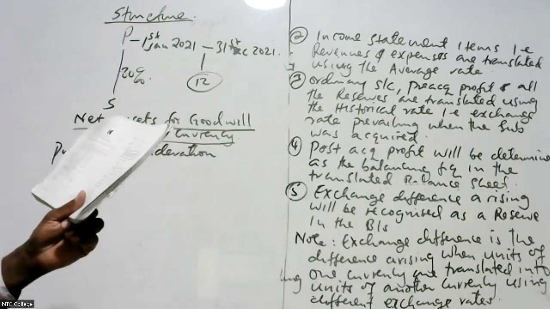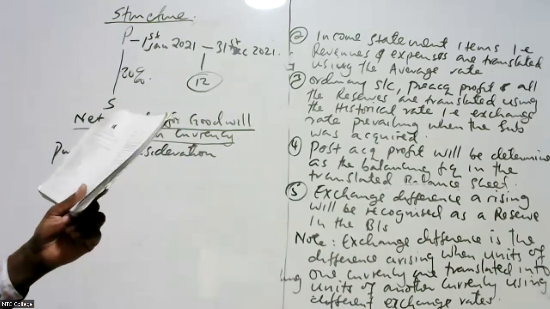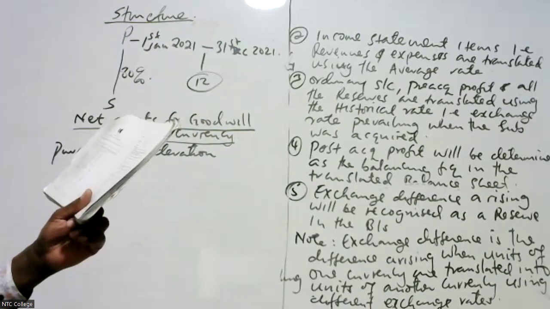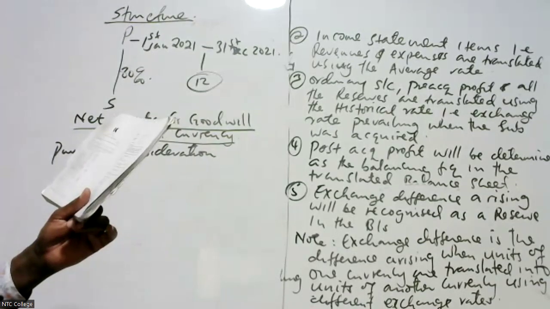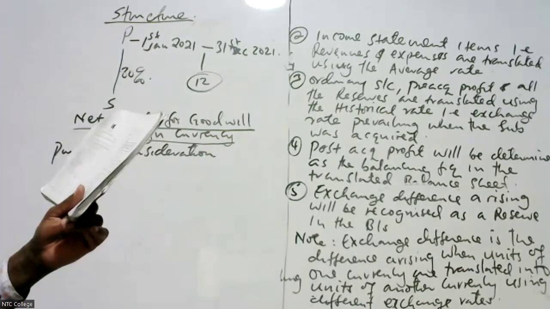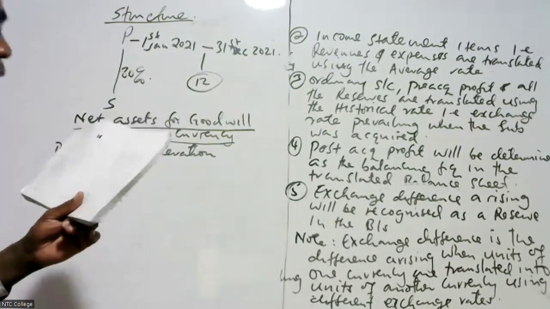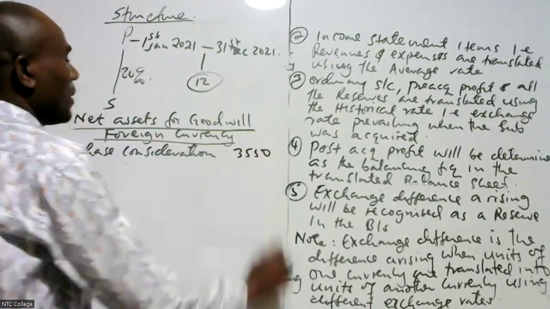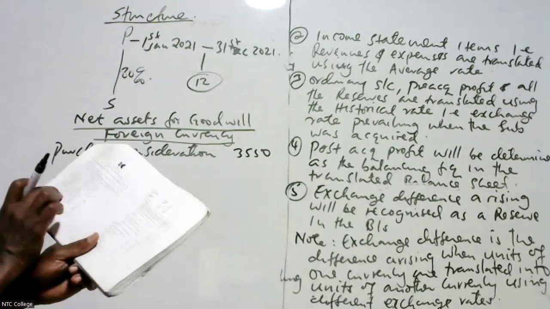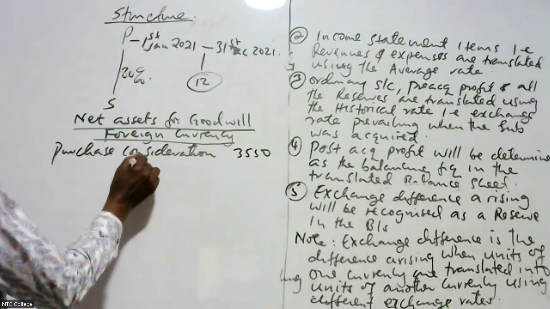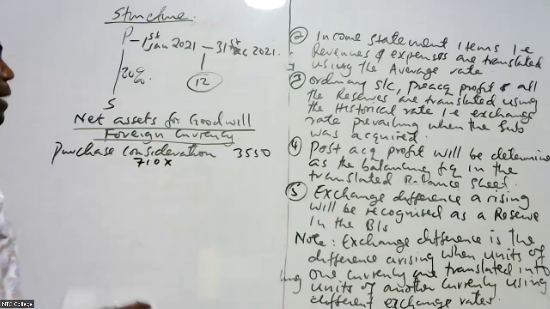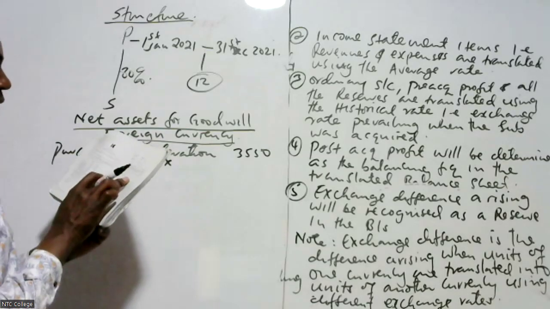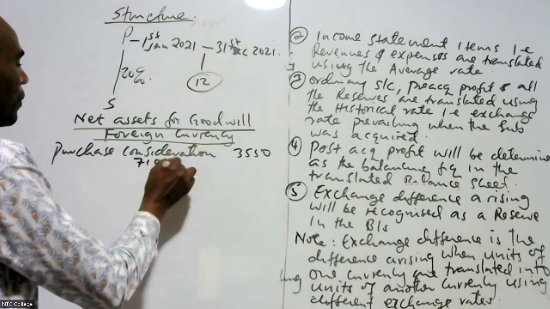The examiner told us in note number one that on 1st January 2021, P Limited acquired 80% of S Limited's 1,000 million FR ordinary shares for a cash consideration of 35.50. When you check in the balance sheet, there is 710. We multiply by the rate at acquisition, which is 5.